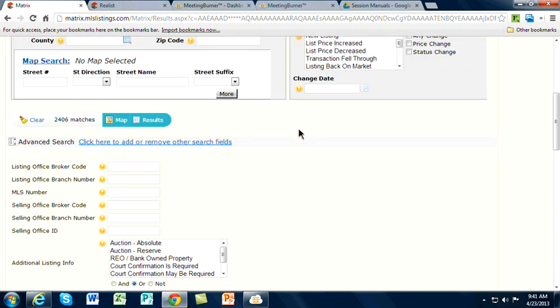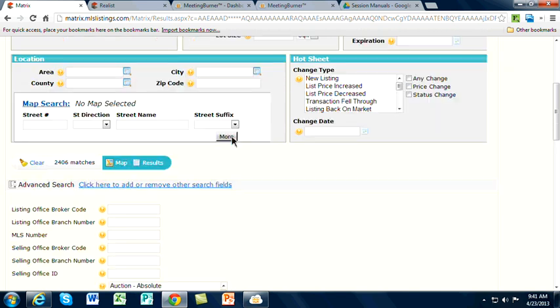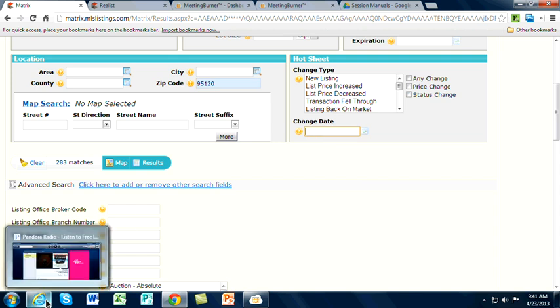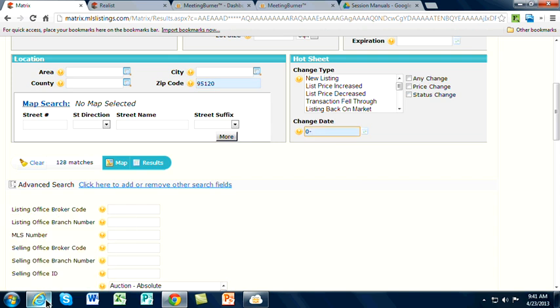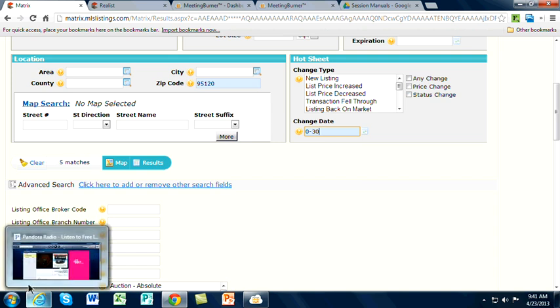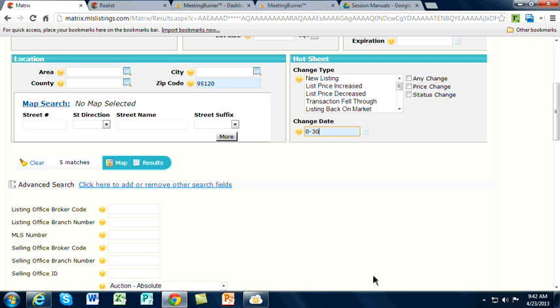35 to 45? And when I'm doing this, what I want to do is swing back up here and look at this number. The one thing we haven't put in yet is the zip code 95120. And now status change date, 0 minus 30. Let's just see what we get: 5.